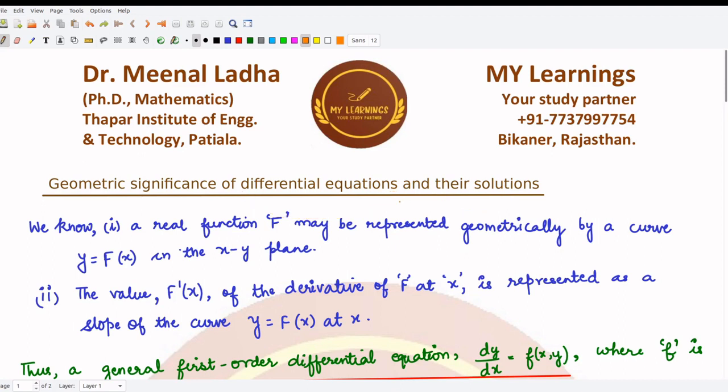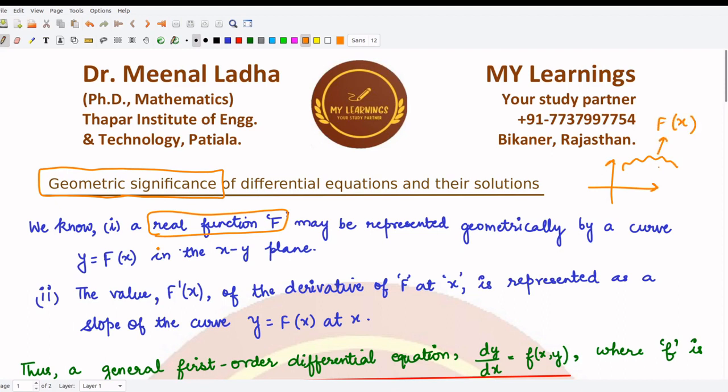So when we are talking about geometric significance, we want to visualize what this means graphically, right? If we go back to what we have previously studied about functions, any real function may be represented geometrically by a curve in the xy plane, correct? So you have some curve represented by some real function f of x.